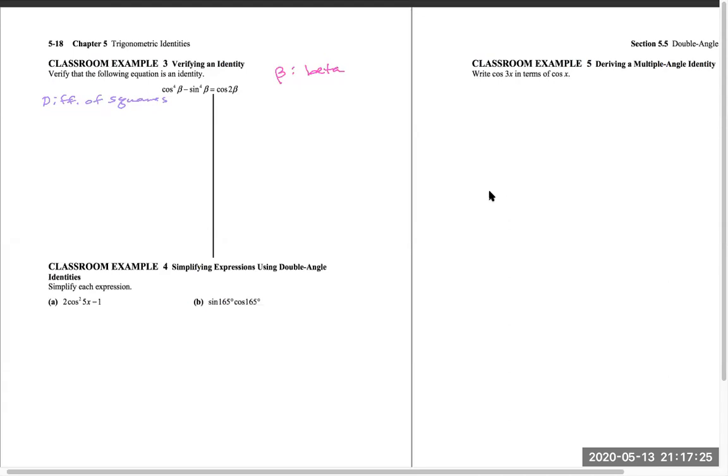On the left-hand side, you have cosine to the 4th beta minus sine to the 4th beta. Remember, a squared minus b squared turns into a plus b, a minus b. So what are we squaring in both these cases?